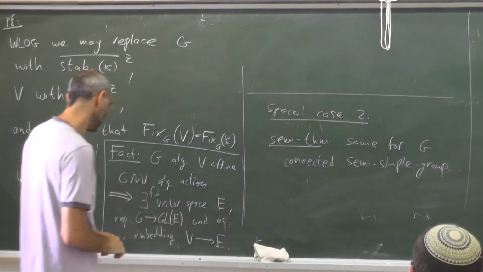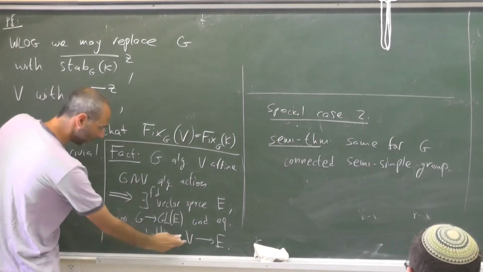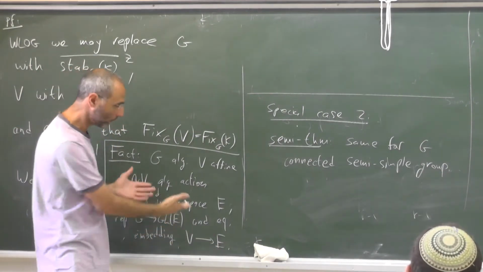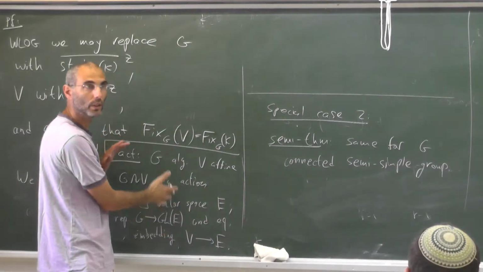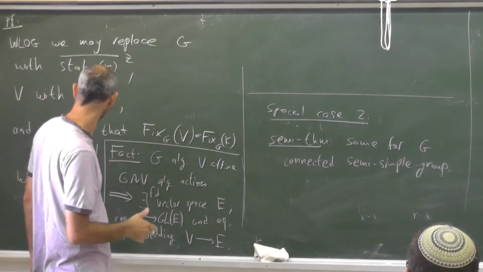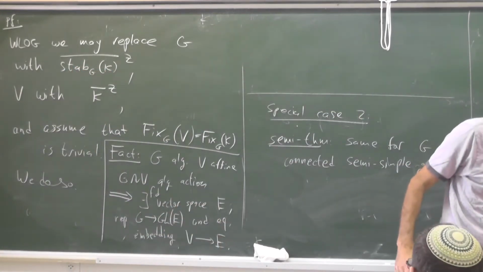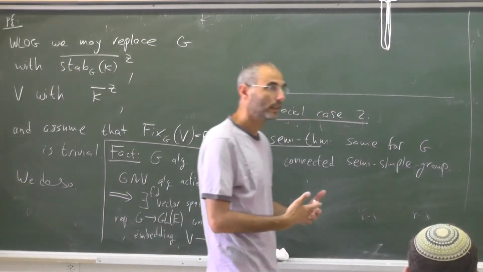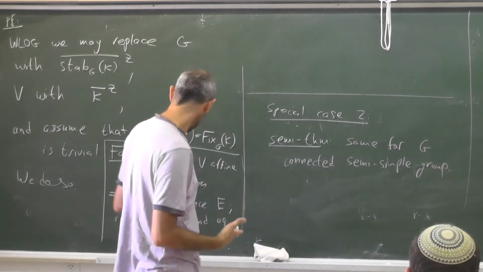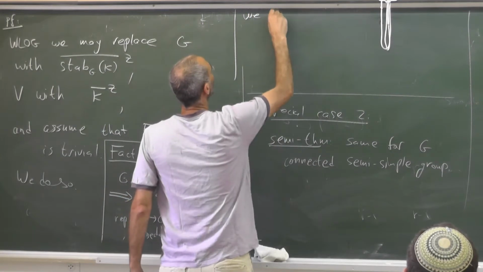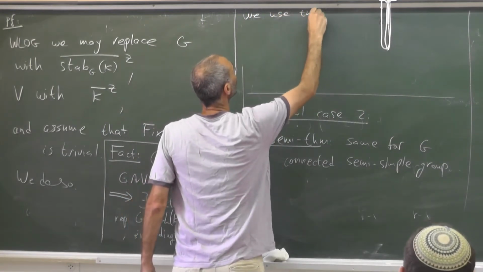We're almost there. So we take V to our space E. So basically, I'm using this fact to assume that the situation that we want to prove in this theorem over here sits inside some vector space.